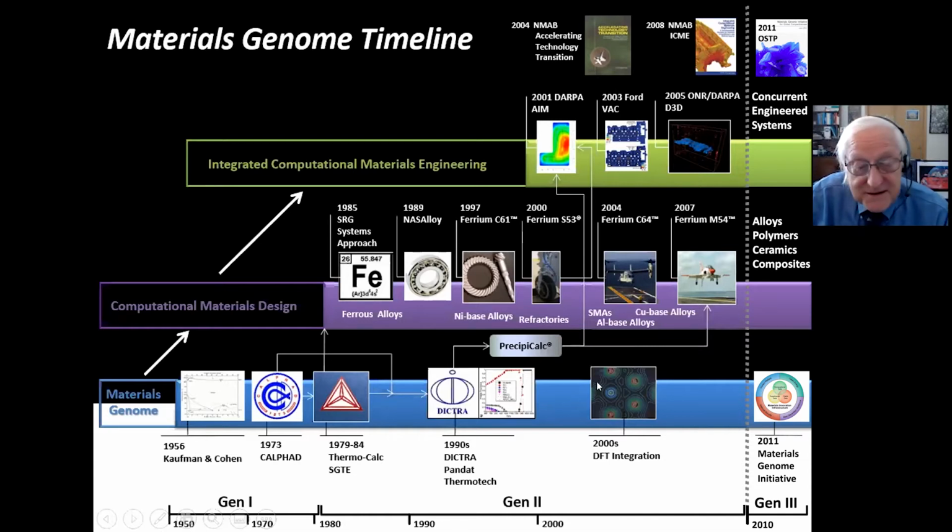It was the emergence of commercial software, starting with Thermo-Calc in the 1980s, that inspired our founding in 1985 of our SRG Design Consortium to build a practice of computational materials design motivated by the existence of these genomic level databases.